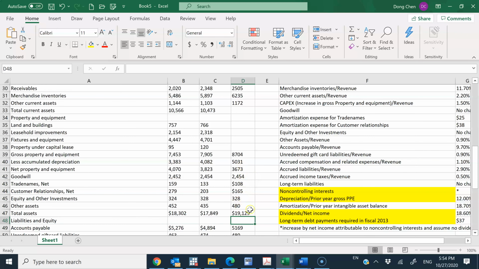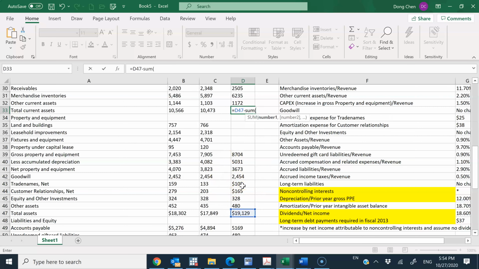And from this total assets, now we can back out the total current assets, right? Basically it is the total assets minus the non-current assets. And non-current assets basically is the sum of these items here. We need to be a little bit careful because we need to add net PPE, right, rather than gross PPE.